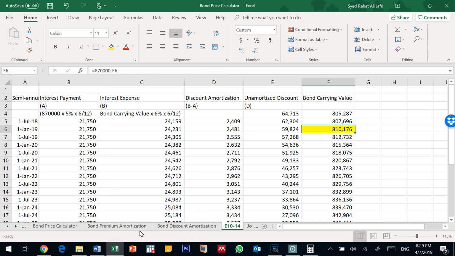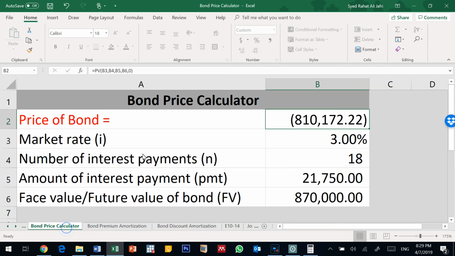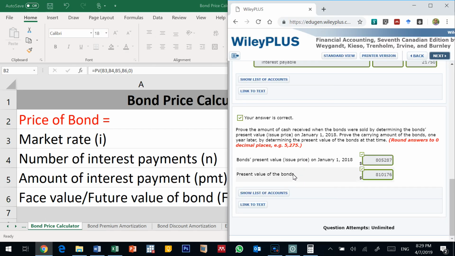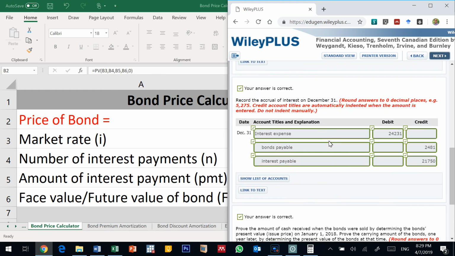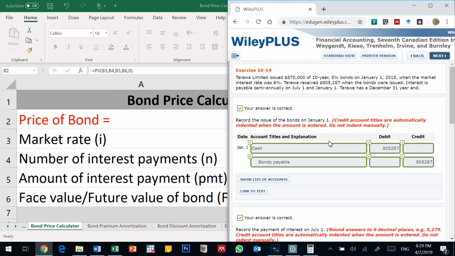I think I posted this bond calculator. So just punch in these numbers, and this 810,172 should also be accepted by WileyPLUS. WileyPLUS should be lenient enough to accept a range of numbers, and if that doesn't help, just let me know again. I hope this video will solve the problem that some of us are dealing with.